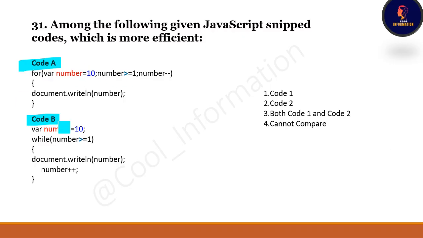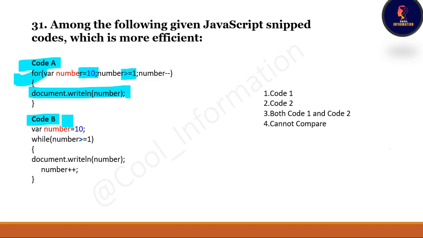Now see, in code A we used a for loop, and if we see it carefully, this statement will execute only 10 times, because here is a termination condition, number is greater than or equal to 1, and we are decrementing this number. We assigned the number as 10 and decrement it after each iteration. So after 10 times this loop will exit.